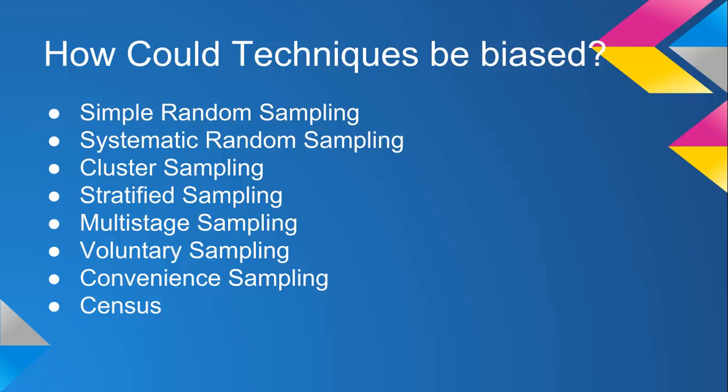A census actually isn't really biased. It does take in everybody's opinion. However, because you're asking so many people, the bias that you could be running up against is that they just didn't take it seriously.